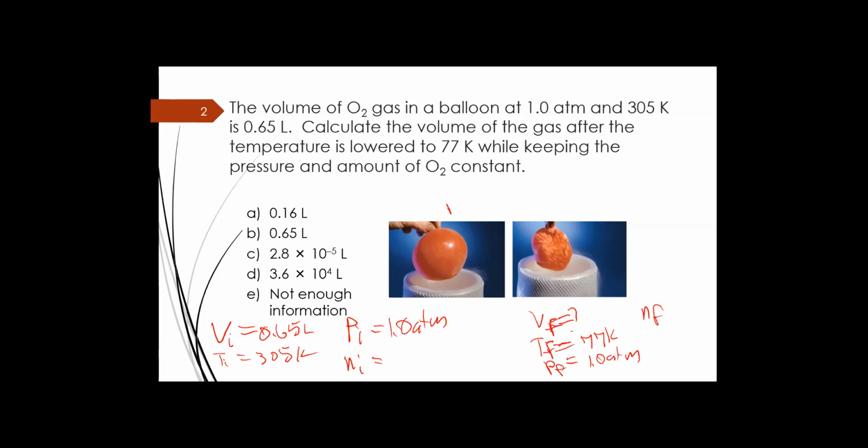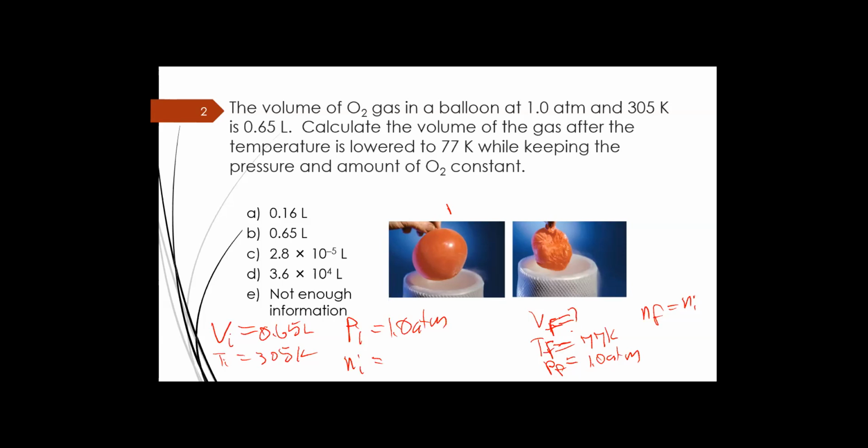My moles is going to be equal to my initial, so that's the same as well. So there's two things that I could do. One is I could take my initial conditions, turn that into a normal ideal gas equation because we have volume, temperature, and pressure. I can use that to find my N, and then I can take that N and plug that into my second equation and use that to find my volume. But that would take me solving the equation twice.